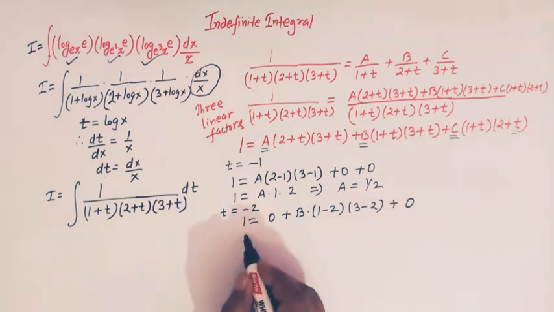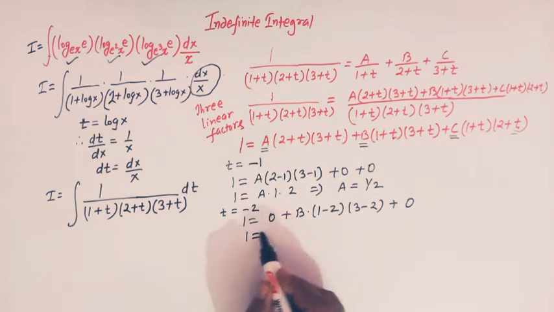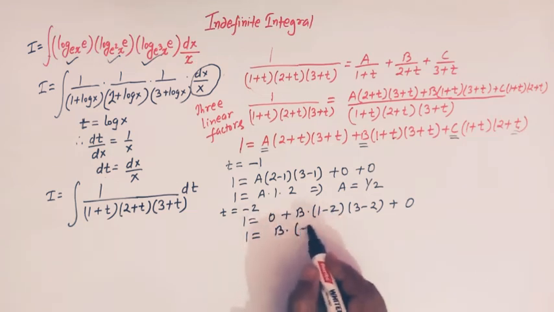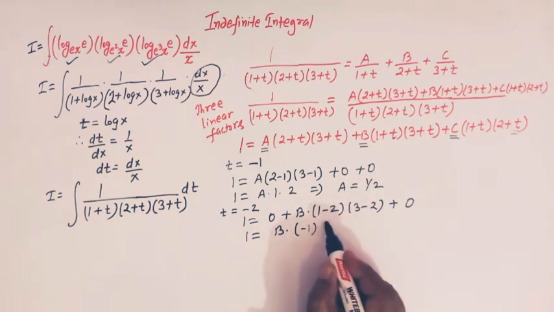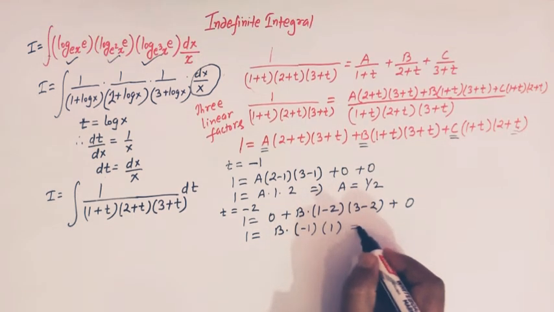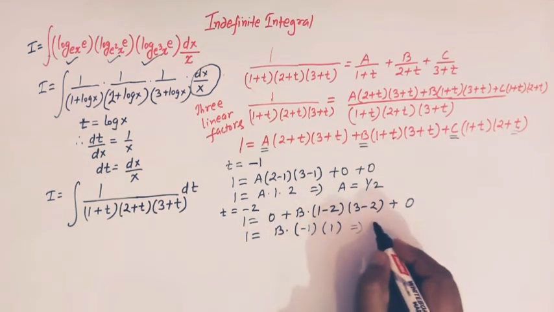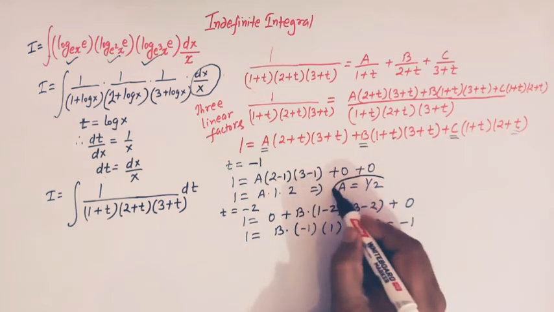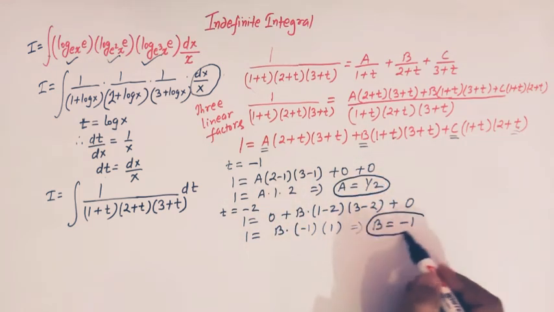So here we have 0. So now we have 1 is equal to b times 1 minus 2 is minus 1, and 3 minus 2 is 1, right? And simplifying this one, we have b is equal to minus 1, right? So a is half, b is minus 1.